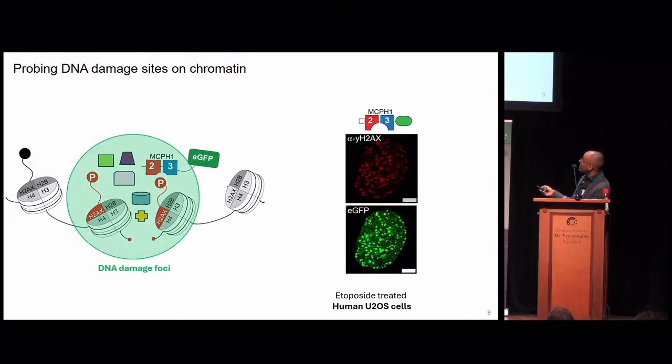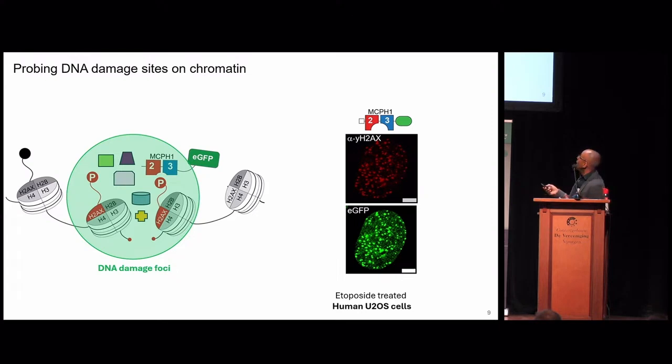And when we stably integrate this reader in cells, it fully colocalizes with gamma H2AX in living cells. We have already characterized this probe as a bona fide probe because it does not affect global repair and the cells are viable.